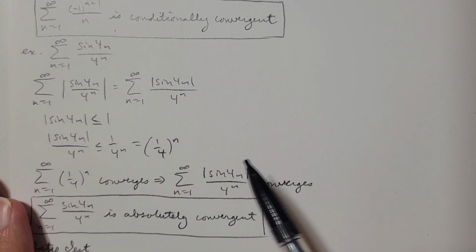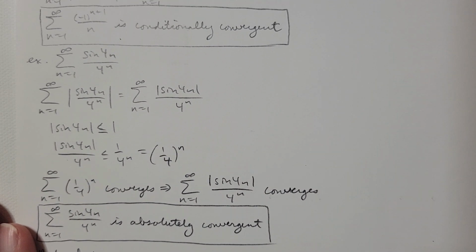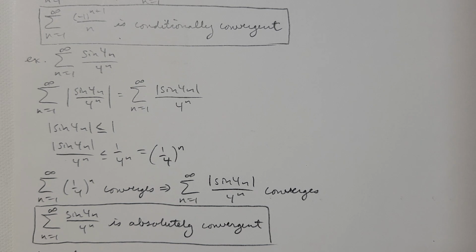Let's try another one here. What if I have the summation as n equals 1 to infinity of sine of 4n divided by 4 to the n power? I want to know, is that absolutely convergent, conditionally convergent, or divergent?